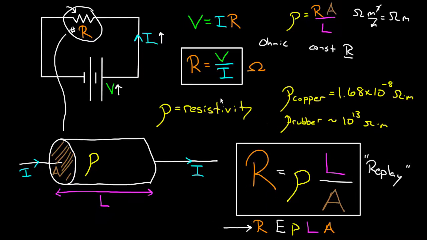And since we're talking about resistivity, it makes sense for us to talk about conductivity, electrical conductivity. Now, the resistivity gives you an idea of how much something naturally resists current. And the conductivity tells you how much something naturally allows current, so they're inversely proportional. And if you're thinking it might be this easy, it is. The resistivity is just equal to 1 over the electrical conductivity, and the symbol we use for electrical conductivity is sigma.